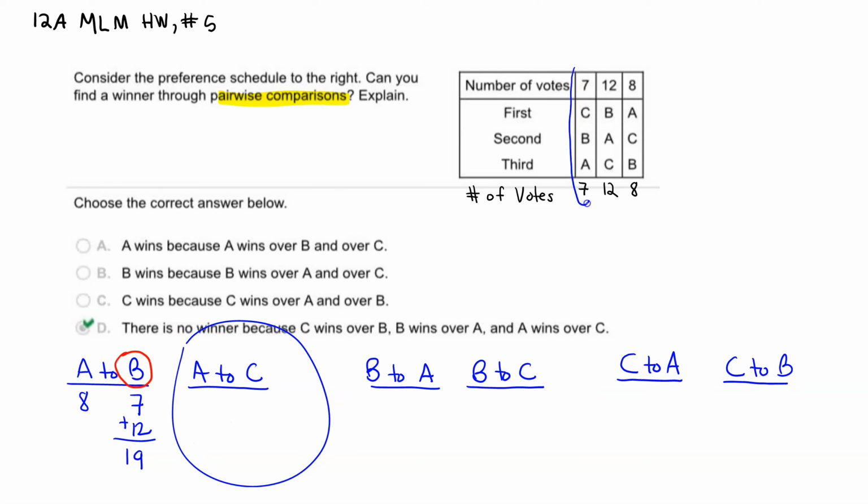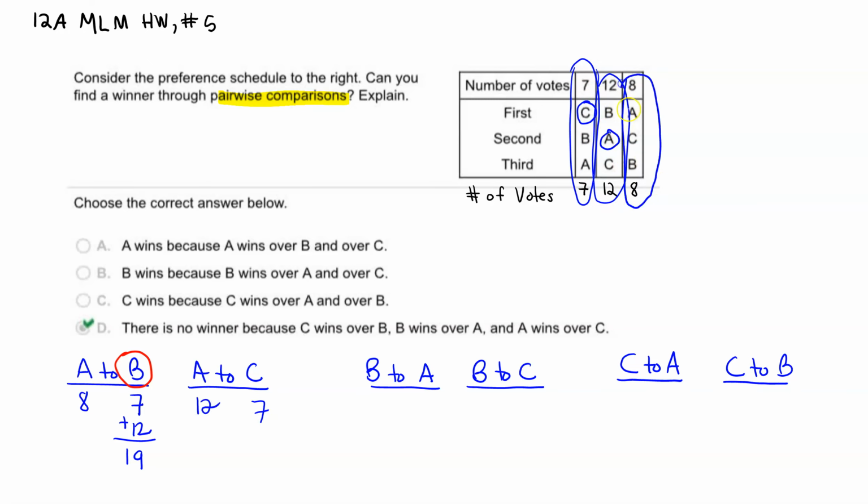Okay, what about comparing A to C? In my first column, C outranks A, so C is going to get those 7 votes. In the middle column, A is ranked higher than C, so A is going to get those 12 votes. And in the last column, A is ranked higher than C again. So A is going to get those 8 votes for a total of 20 votes. So in this pairing, A wins.